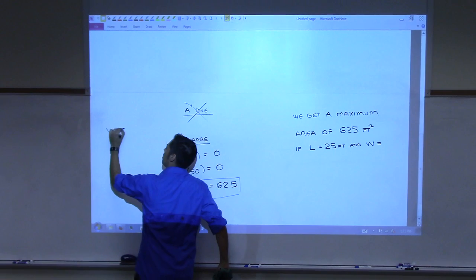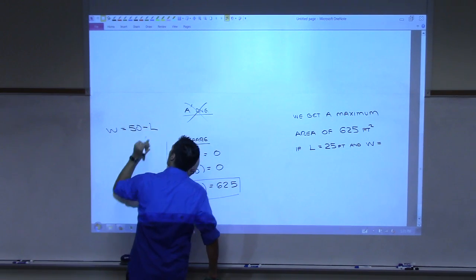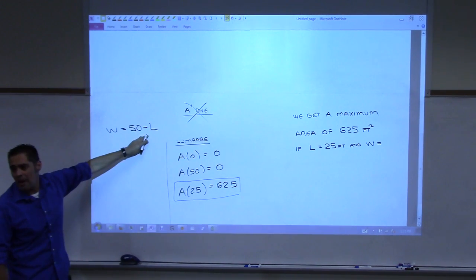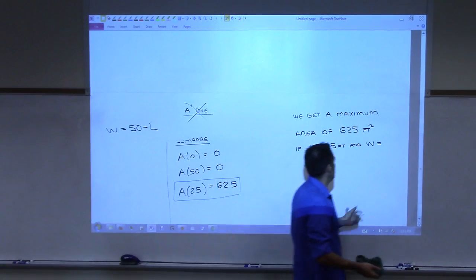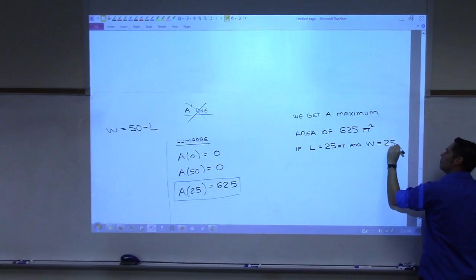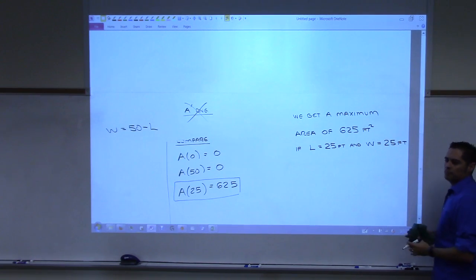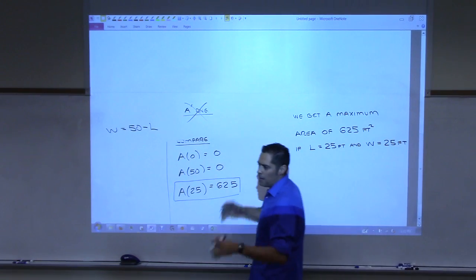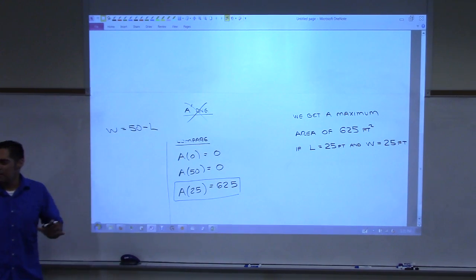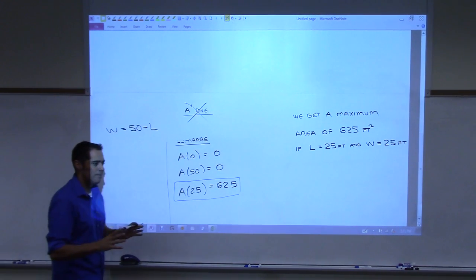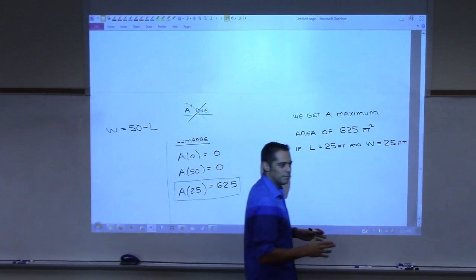Our width was always 50 minus L, right? So if we plug in 25 here, we can get our width. So we recover that as 25. So hey, you need to build a square, right? And that turns out for anything. If someone gives you a certain amount of fence, they say, hey, build a rectangle that has the most area, then you would build a square.